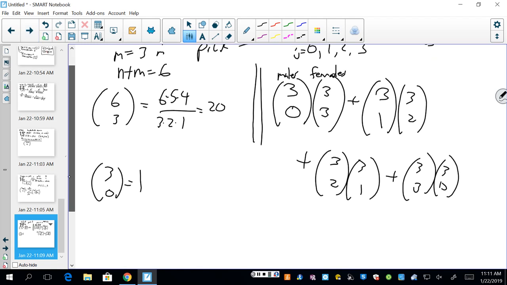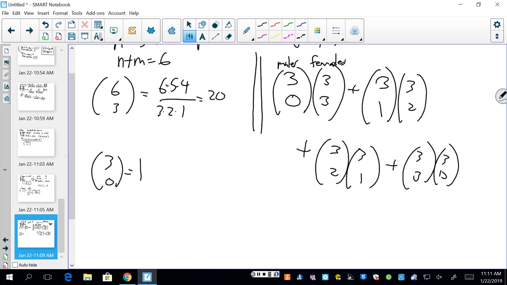It doesn't work out quite that easily with the factorial formulas, but if you think about the story, how many ways can you pick 3 out of 3? Well, you can pick them all, so there's just one way to do that. So this is 1 times 1 plus 3 times 3. Now 3 choose 2 is also the same as 3 choose 1, because of the subtraction, so that's 3. This one is 3 times 3, and this one is 1 times 1. So it's 1 plus 9 plus 9 plus 1, which is 20. And in this numerical example, they're the same.